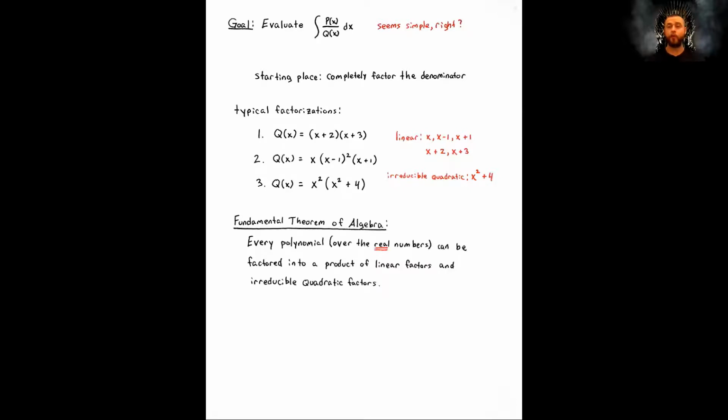To guide us through the different parts of partial fraction decomposition, let's take a look at those typical factorizations. There are 2 types of expressions. Take a look at example 1. We have factors x plus 2 and x plus 3. Those are linear expressions. In example 3, we have a factor of x squared plus 4. x squared plus 4 is a quadratic, degree 2 polynomial.